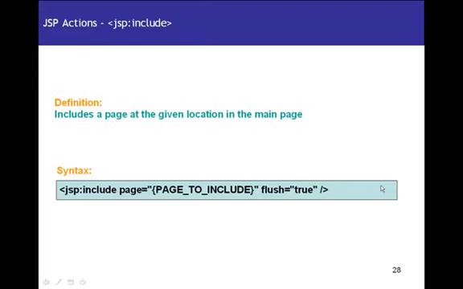JSP Include action is as simple as its name suggests. It simply includes a given JSP or HTML page in your main JSP page at the given location in the main page where you specify, right? So let's say that I have my main JSP page where I have some code out here, right, and in between I am including a JSP page.